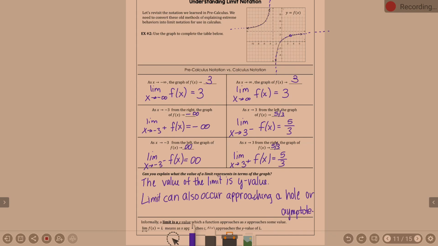Now, notice it says the limit as x approaches c of f of x is equal to L means as x approaches c, f of x approaches the y value of L. Now, something to keep in mind is that L represents a real number.